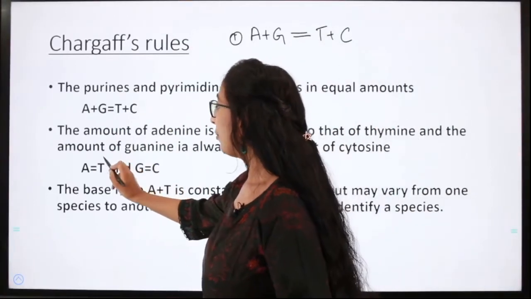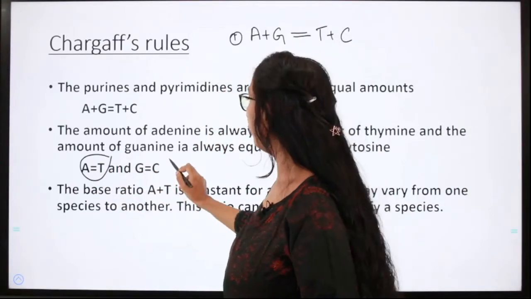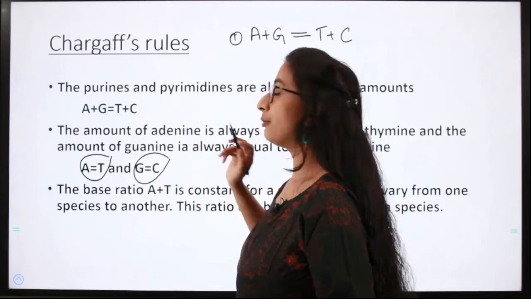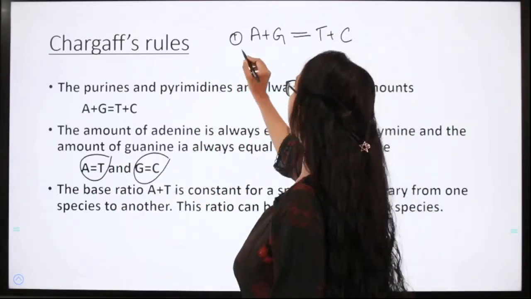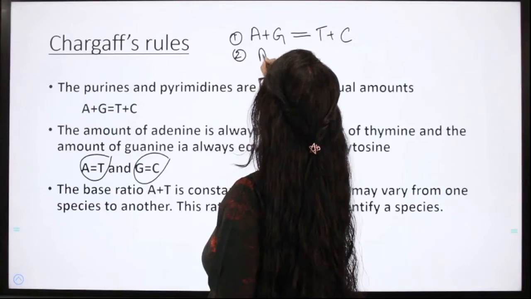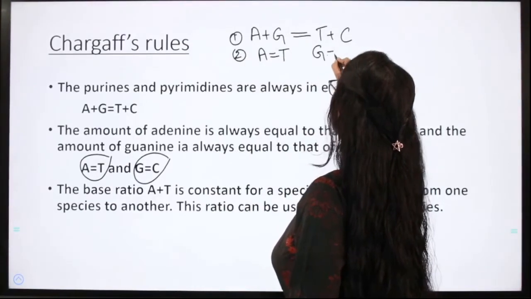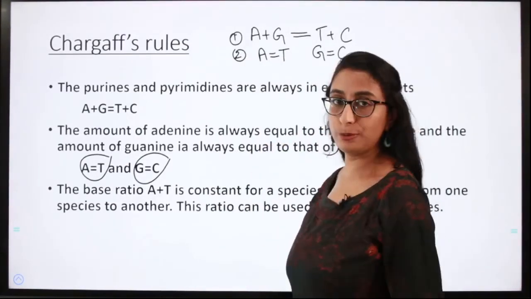So this gives us the second Chargaff rule, that is, adenine and thymine amounts are always equal and guanine and cytosine amounts are always equal.